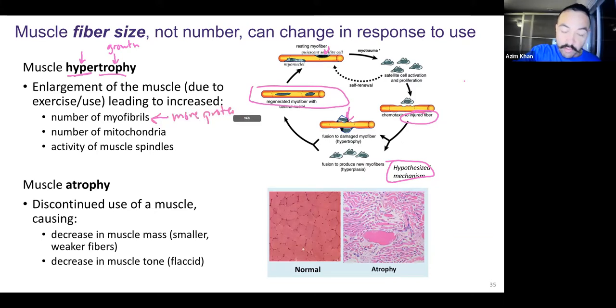That's one reason why people who try to gain muscle mass eat more protein, because you need protein as building blocks to make myofibrils. And we've seen how many different proteins are needed to make myofibrils. You need more mitochondria because you need more energy.